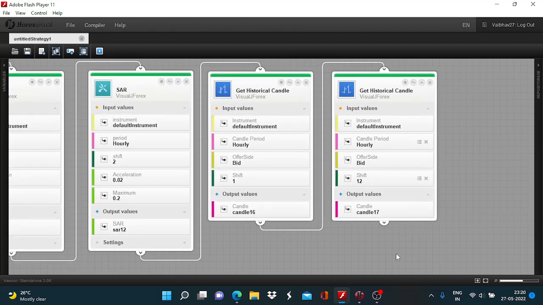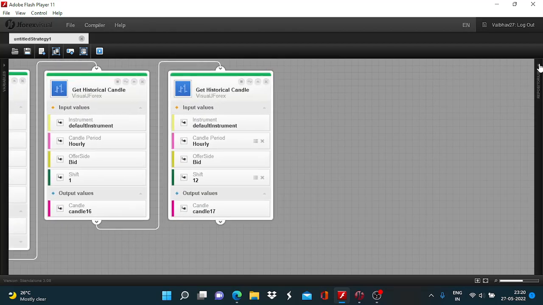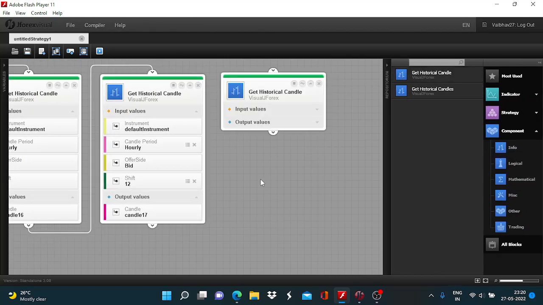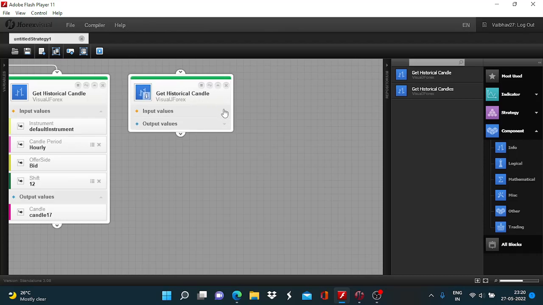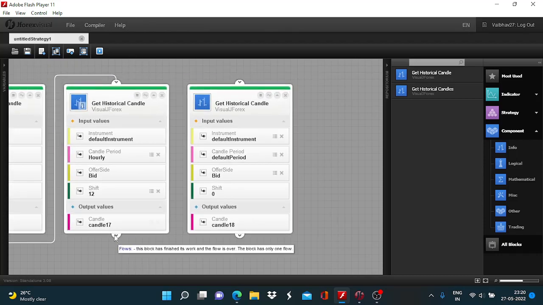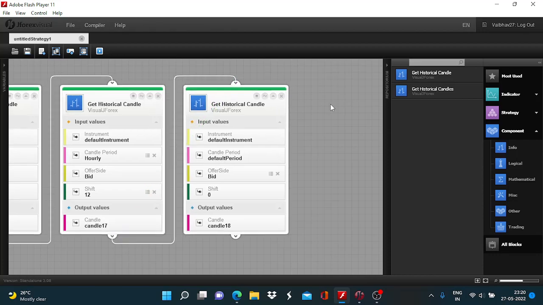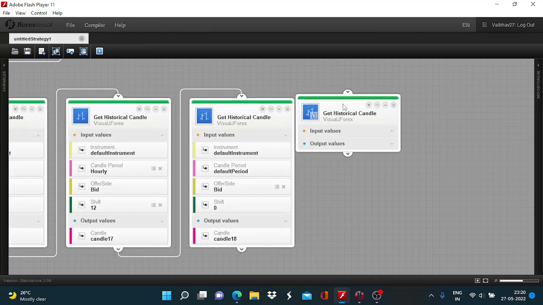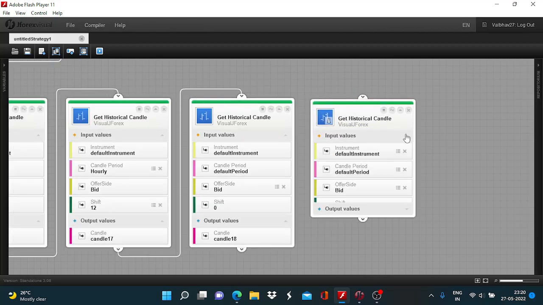formation in place. Now to consider the exact entry point, we will also be taking the help of 10-second blocks, and those who are regular viewers might be well aware of the uses of this 10-second block. We use this to initiate the trade.